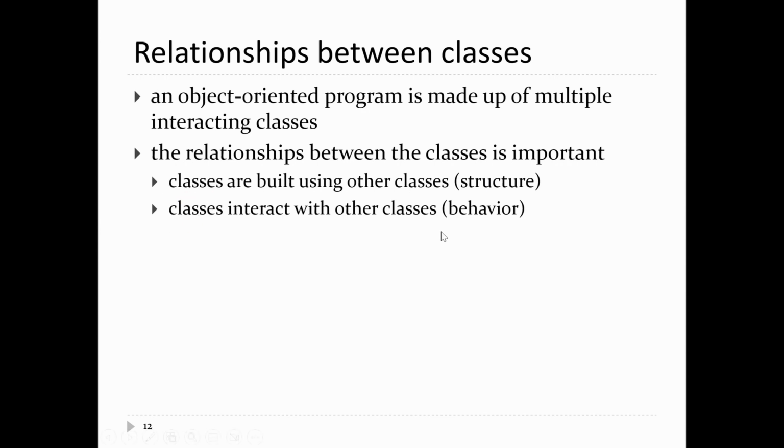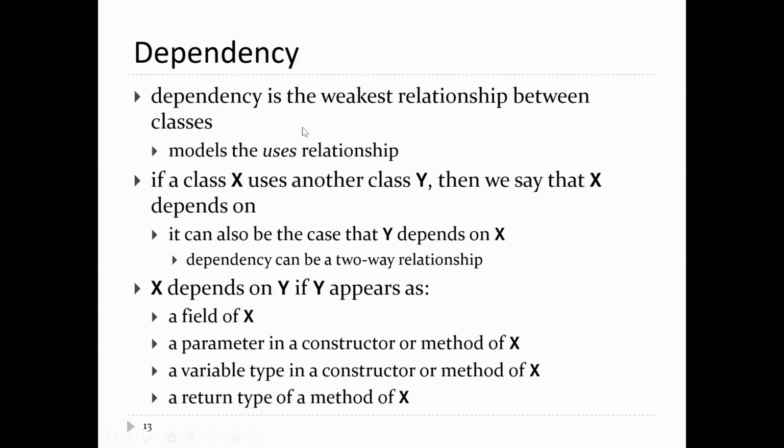You almost certainly have classes that interact with other classes, so the behavior of your class also depends on other classes. We're interested in the structure in this lecture. The behavior of different types, the way objects interact with one another, that's a topic for probably a third-year course, maybe a second-year course.